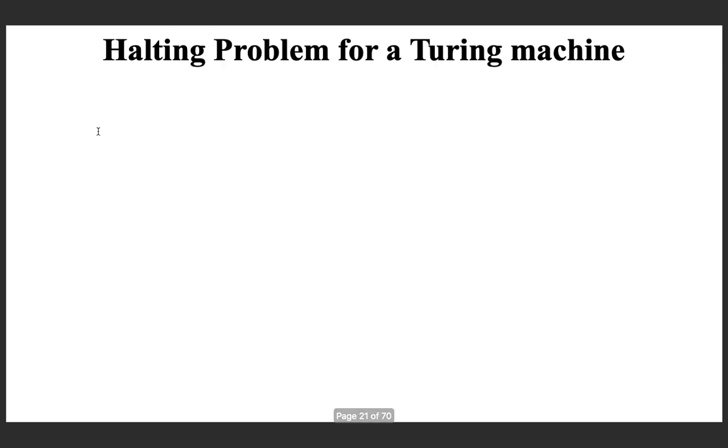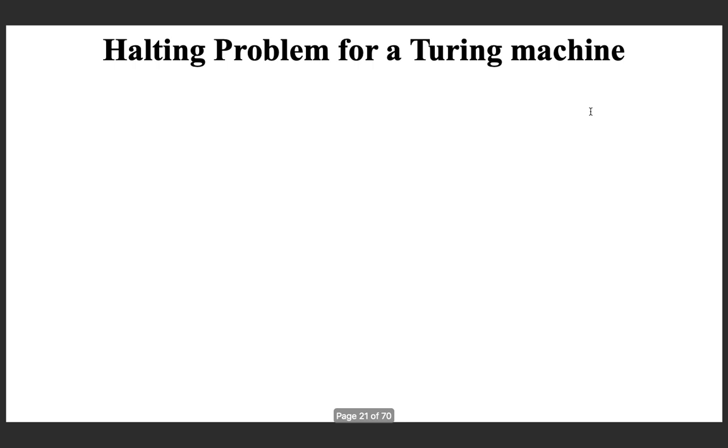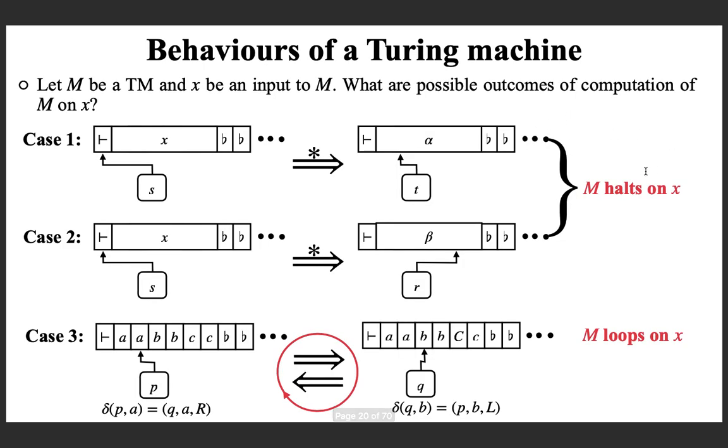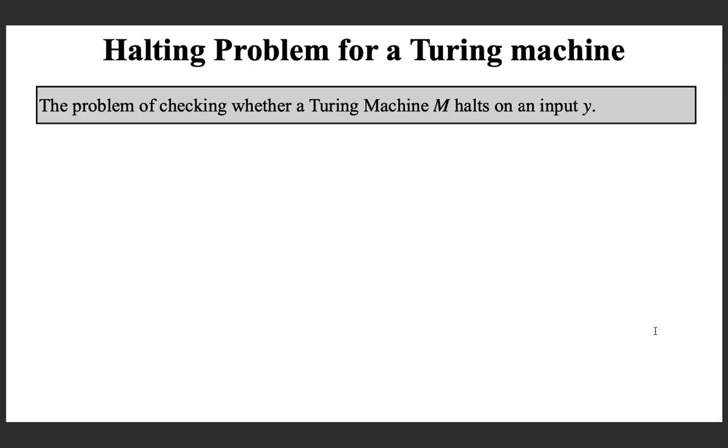Now we can define the halting problem for a Turing machine. It is the problem of checking whether a Turing machine M halts on an input Y. See that given an input, the machine either halts on the input or loops on the input. These are the only possibilities, and the problem is to check whether it halts on a given input or not.